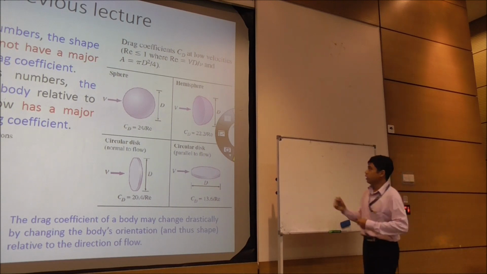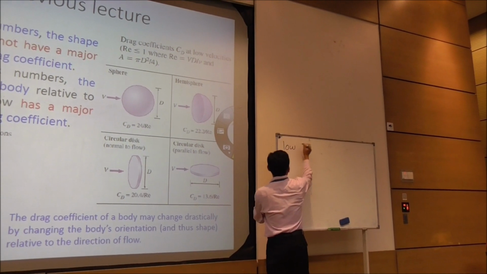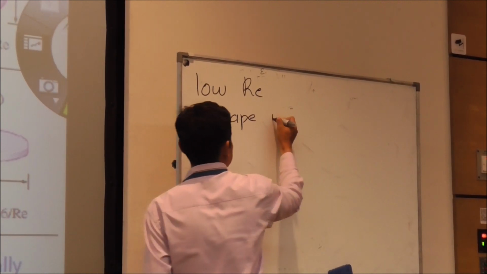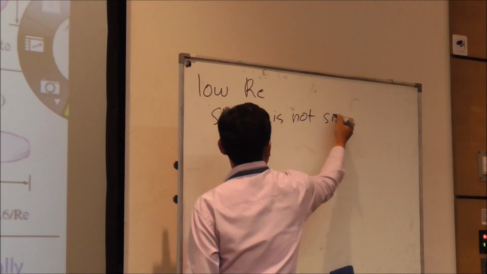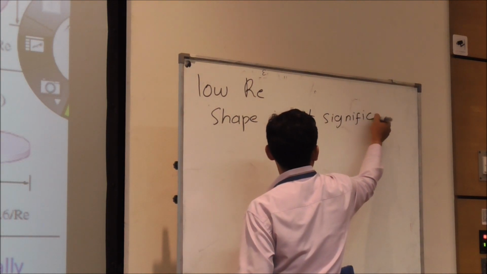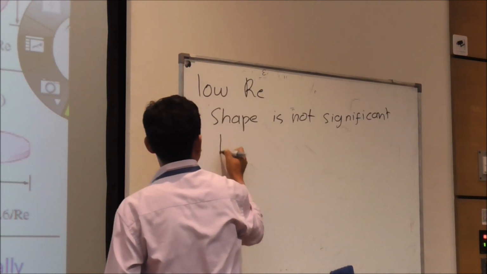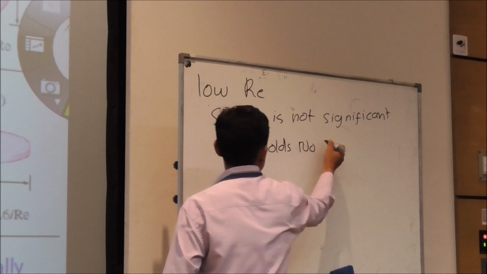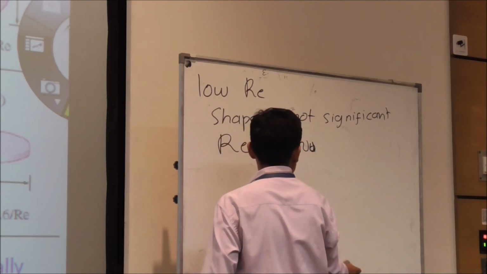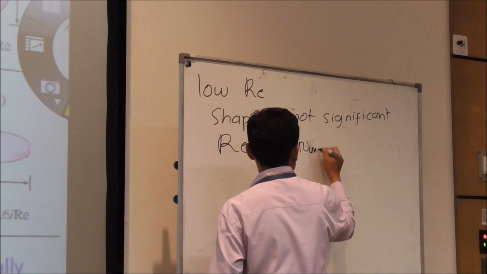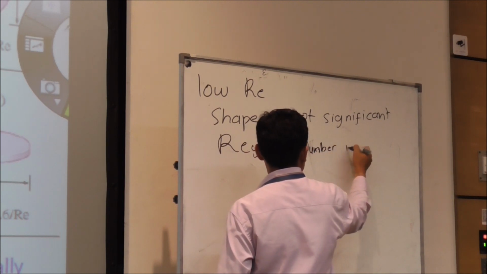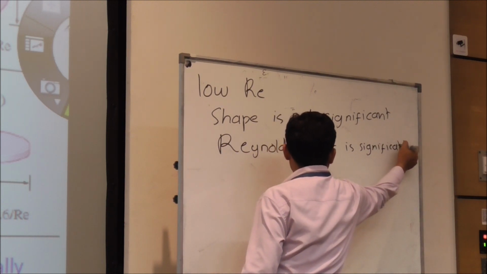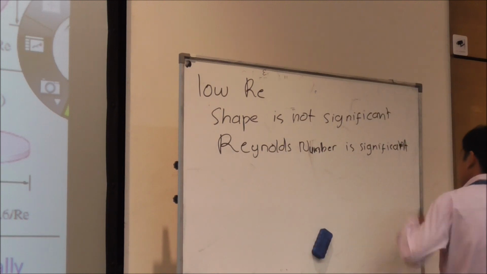You know that at low Reynolds number, shape is not significant. Reynolds number is significant, but your shape is not.